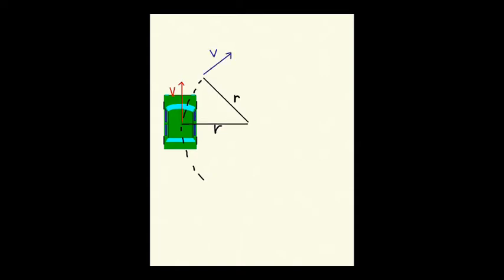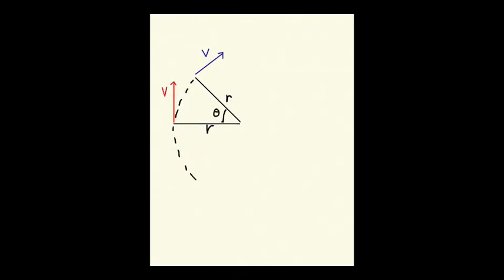At some later point, it's moving with velocity v, now drawn in purple, along the circular path at the same radius from the center of the circle. We can look at a couple of different parts from this. We know that the change in position from where it initially was to where it is now along the circular path follows some angle theta.